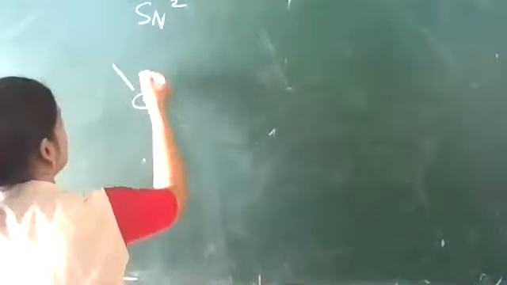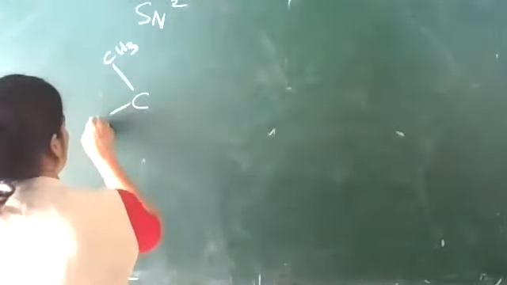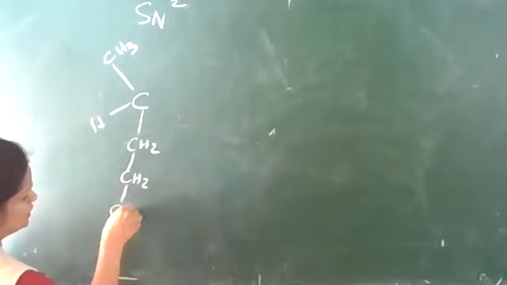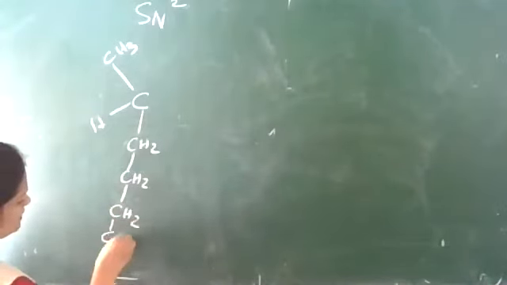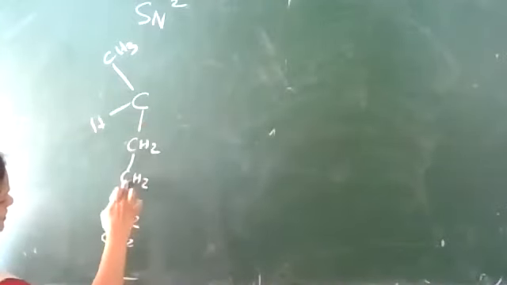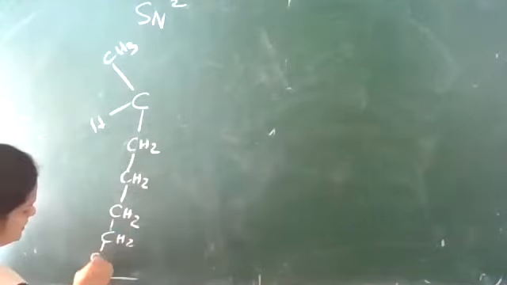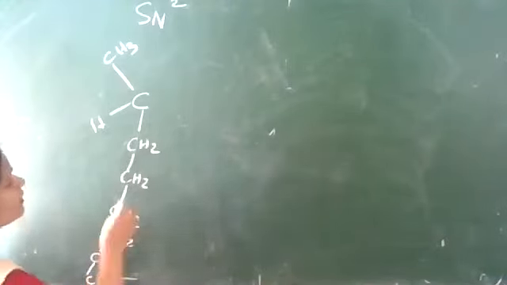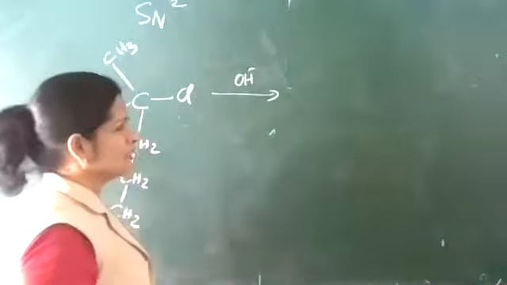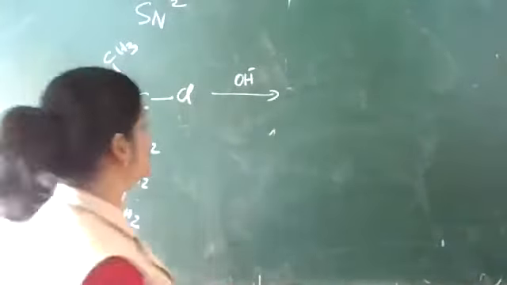So we are applying this to the SN2 mechanism. Suppose you are starting with a compound with four different groups: CH3, H, C6H13, and Cl. We are giving OH minus. In SN2, there will be inversion of configuration.